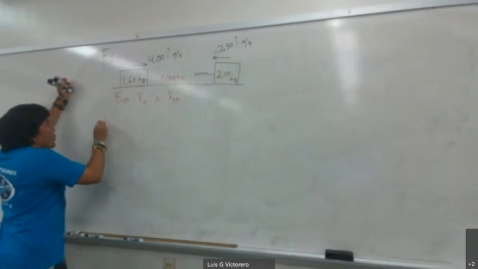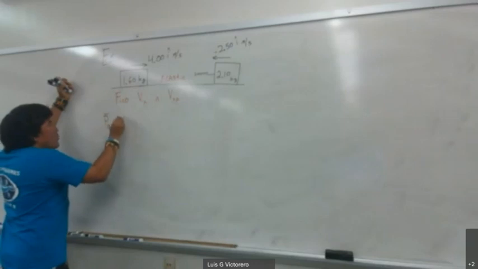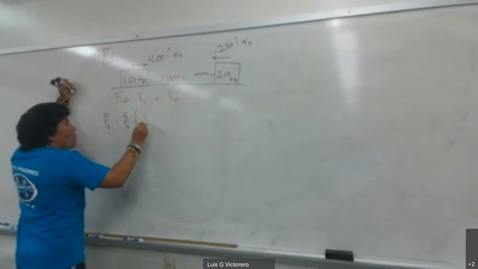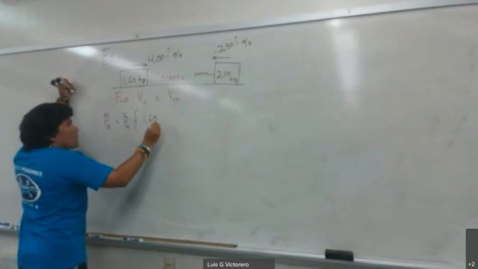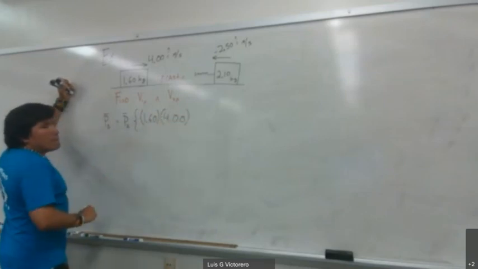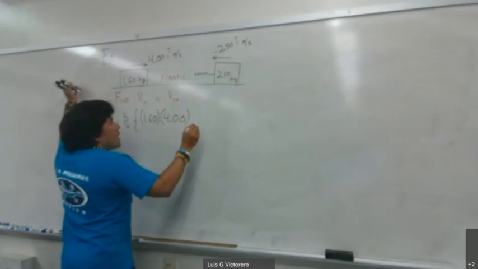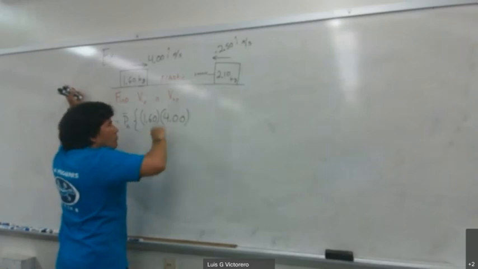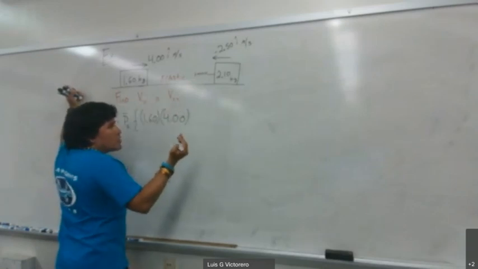So, momentum before is equal to momentum after. 1.60 M1 times V1. You can put the i, but it doesn't really matter because the final is also going to be in the i direction.